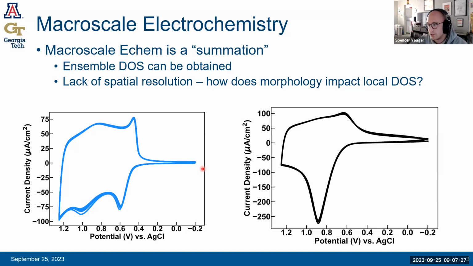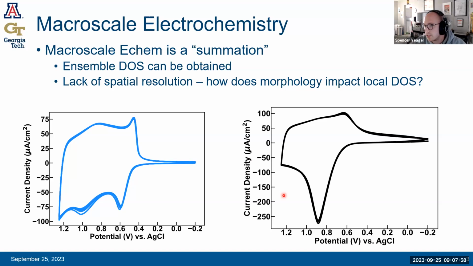This is what the two CV responses between the polymers look like, with this being P3HT and this being PBTTT. The thing I want to highlight here is that the macro scale electrochemical response is a summation of all of those microstructural contributions to the current response of the polymer.